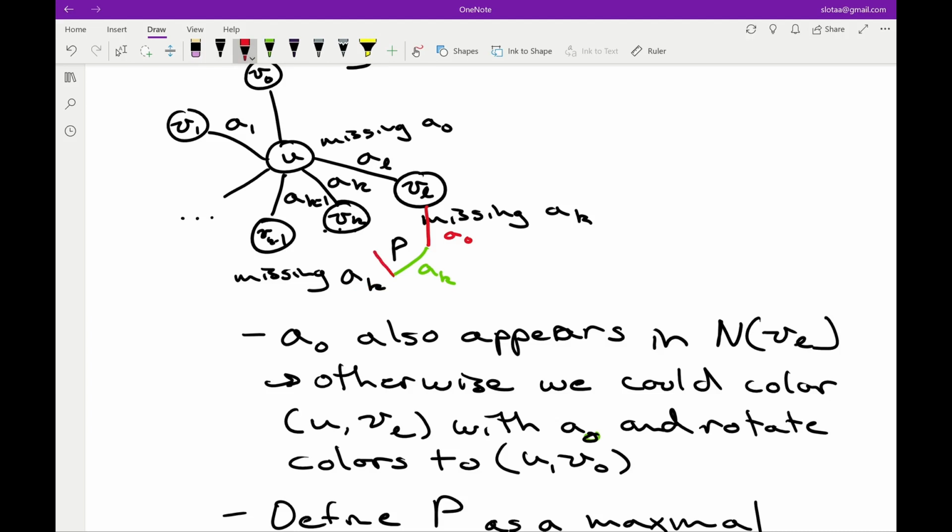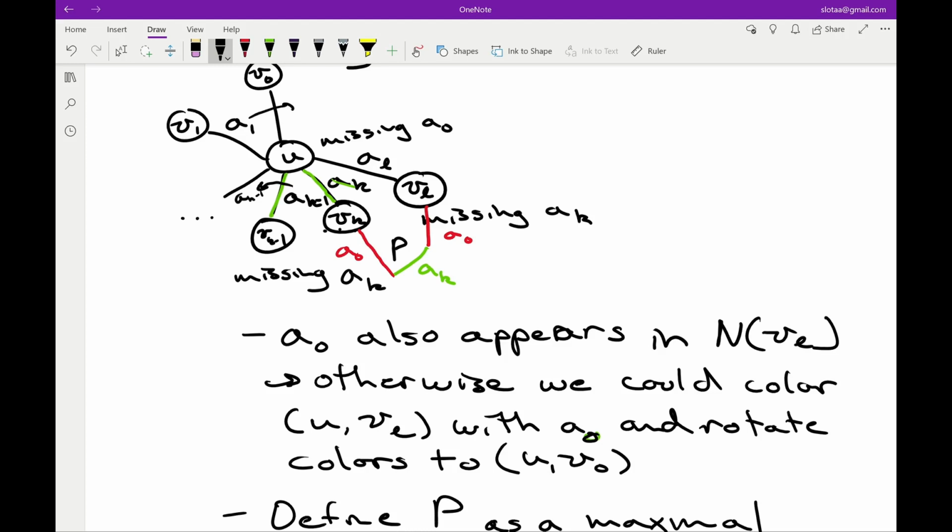Essentially, we have A naught, and then we have our A sub K. So the idea here is we instead essentially just rotate colors down. So we get rid of the A K here. This is now A K. The next would be A K minus 1, and then this A K minus 1 rotates down, etc., etc.